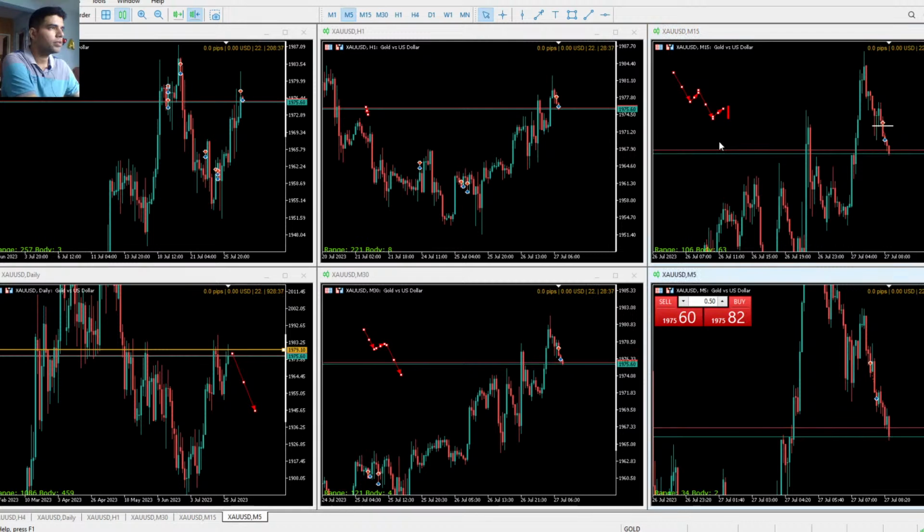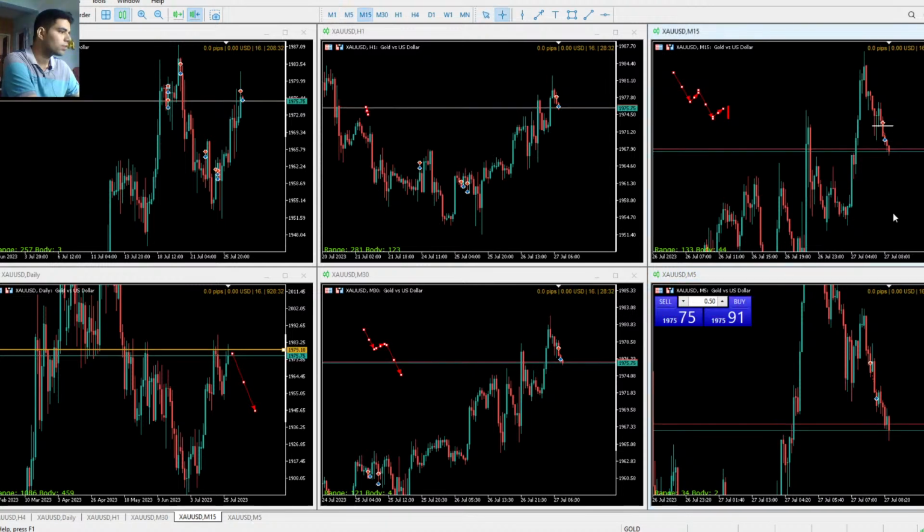Guys, we missed, let's see, it's still moving down. We missed some pips here, so we may have feelings of greed or feelings of missing out, but it's okay guys, in trading there is always a next opportunity, so we just wait for our next trade.